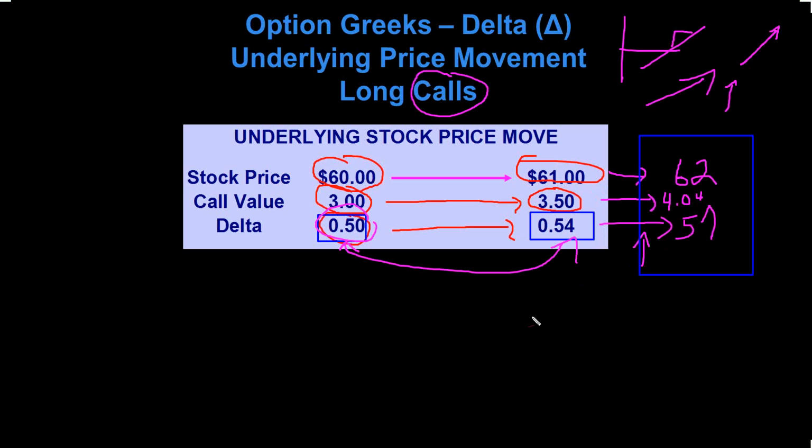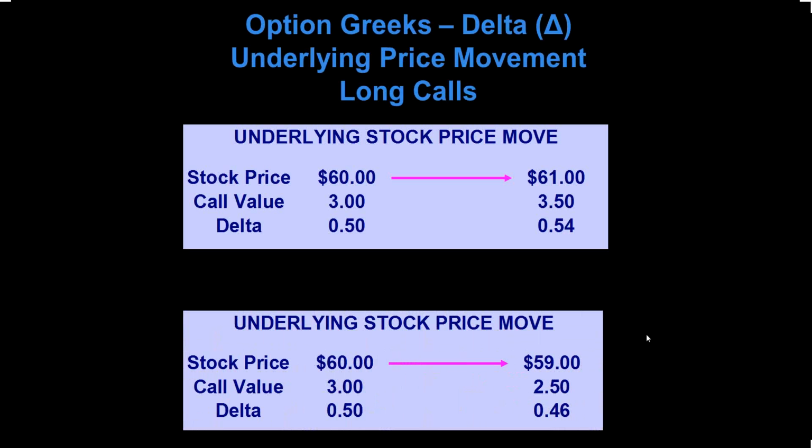Now, if we take a look at this one right here, let's look at it going the opposite direction. But again, we're with a call. So you move from $3 here down to $2.50. So obviously with a delta of 50, you move down 50. But notice what happens to the delta now. The delta actually decreased.